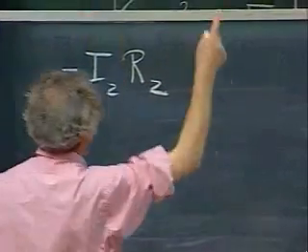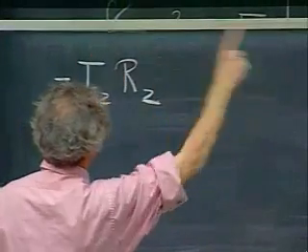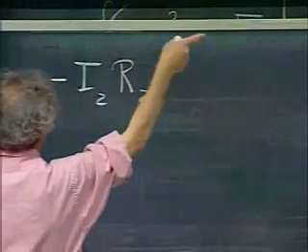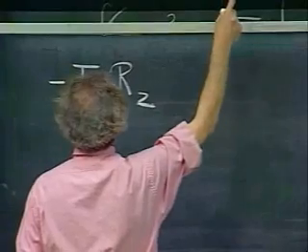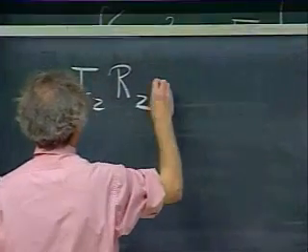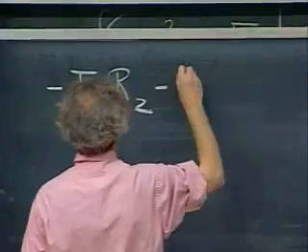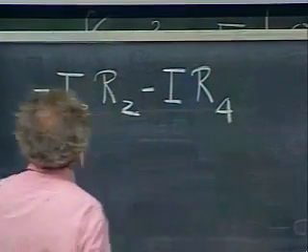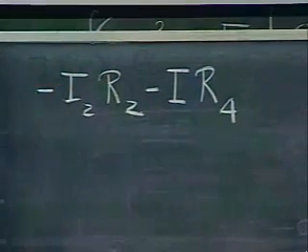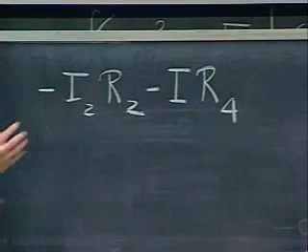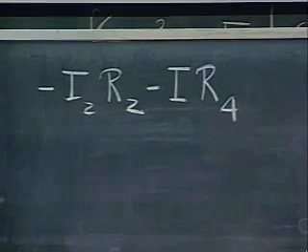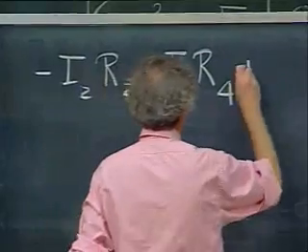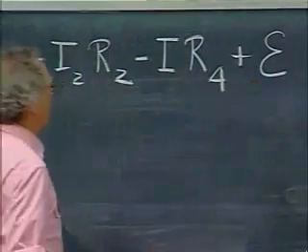I'm now at D. I started at A, I'm now at D. I went through R2. I come out here and I go through R4. I go down in potential. The current through R4 is I. So I get minus I R4. I go up and I see this battery in front of me and I have to climb up in potential. How much do I have to climb up? That EMF of the battery.